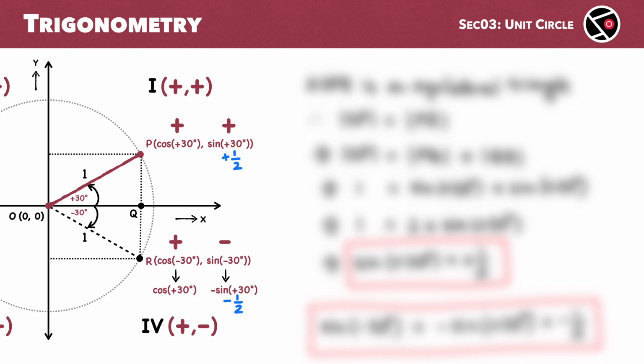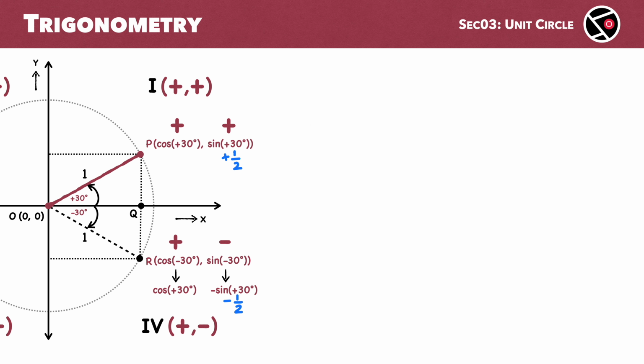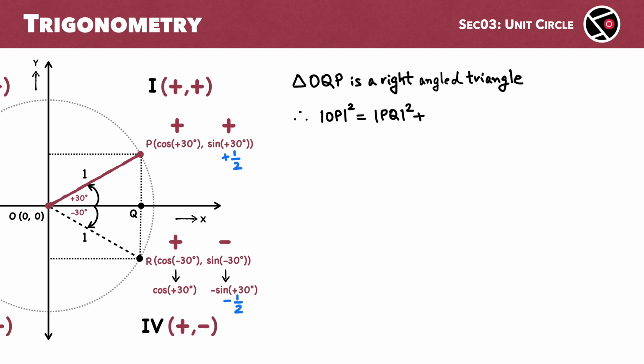It is time to create some space and move ahead to triangle OQP. It is a right-angled triangle. Using Pythagoras theorem, OP square equals PQ square plus OQ square, or 1 equals sin square plus 30 degrees plus cos square plus 30 degrees.